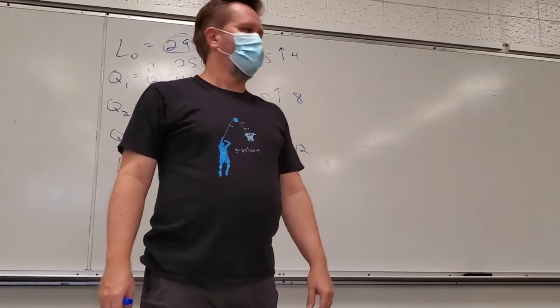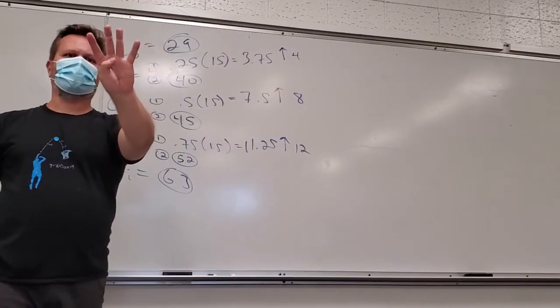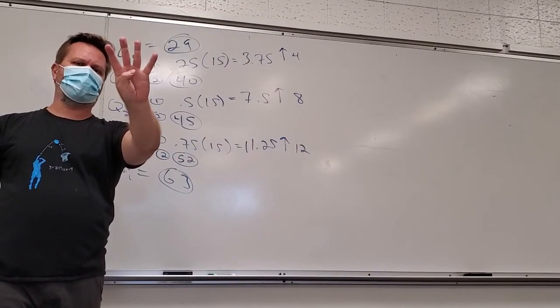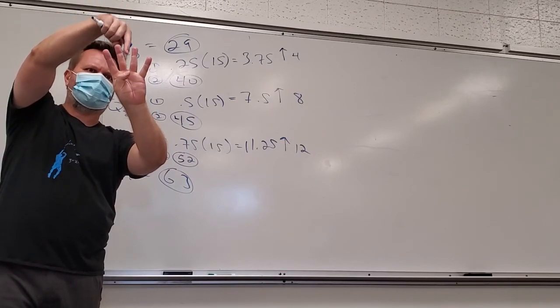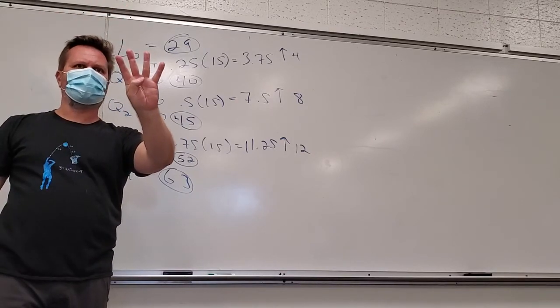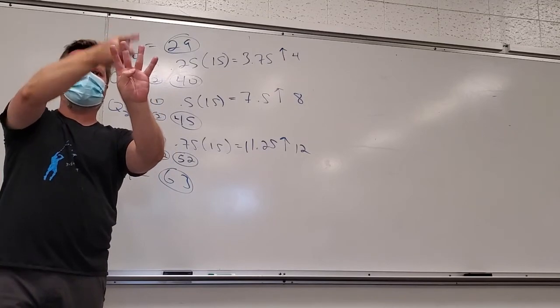The easiest example is if I had 4 data points: half of 4 is 2, so the second and third averaged. That makes sense.